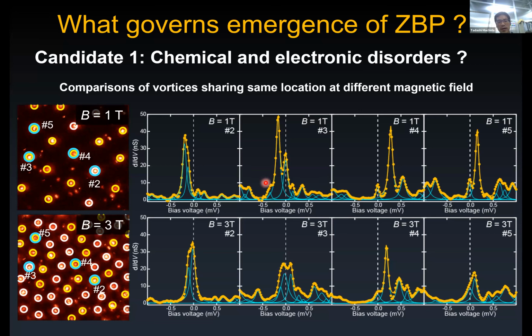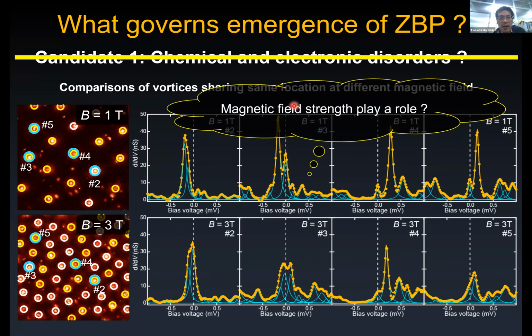However, the actual experimental results are not the case. So we can safely conclude that no local parameters are the main player for the local emergence of the zero energy peak around the vortex core. These experimental results also suggest another possibility: that the magnetic field strength itself may play an important role in the emergence of the zero energy peak.